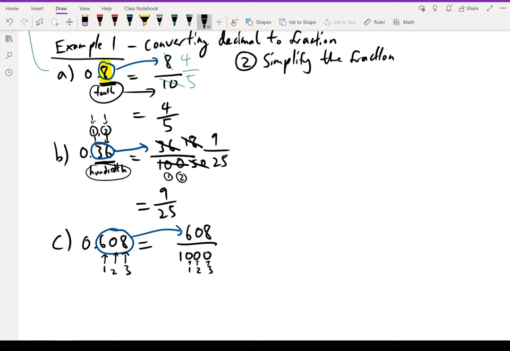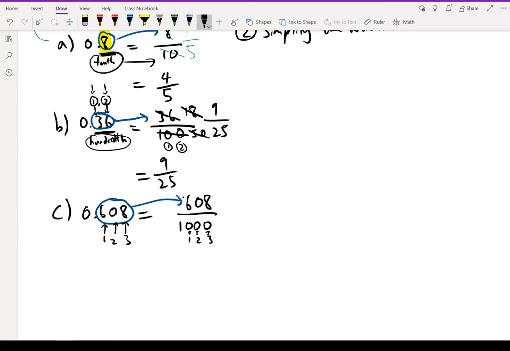I can simplify this. How to simplify? Well, they're both even numbers, so half of 608 is going to be 304 over 500, and I can further divide. 304 is 152 over 250. Can I further divide by 2? Yes, I can. That's going to be 76 over 125.